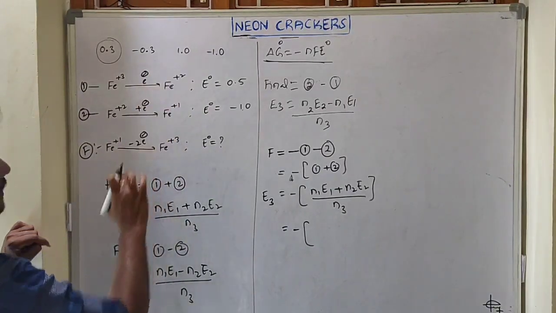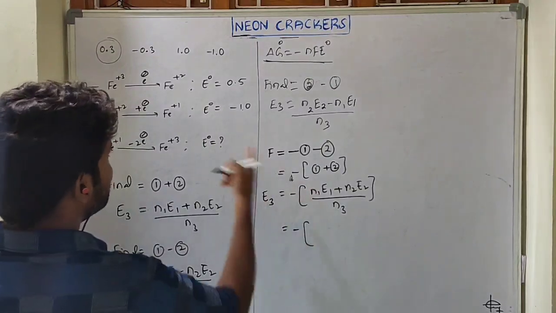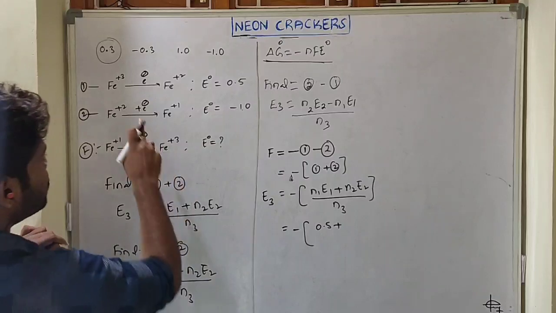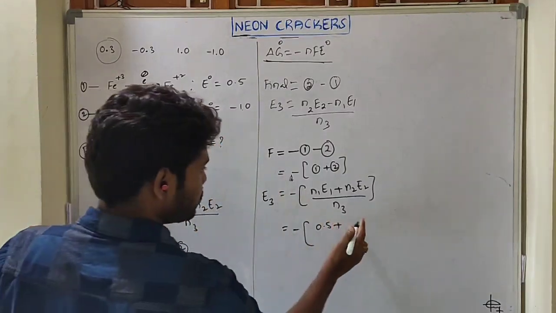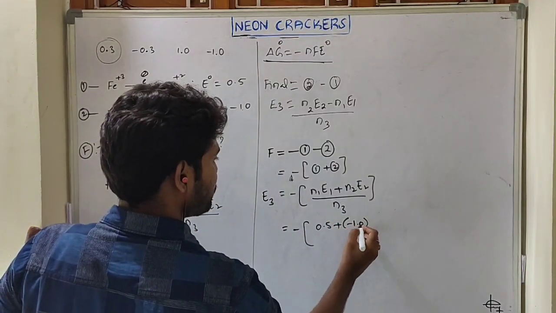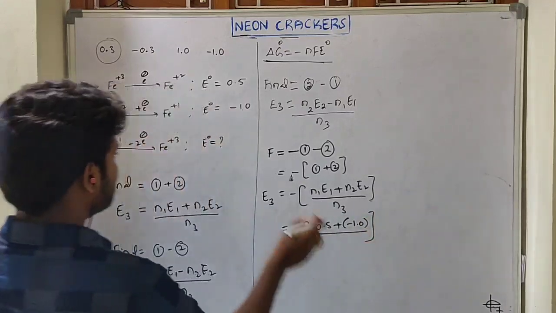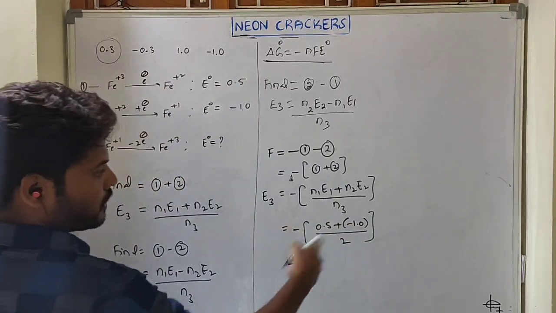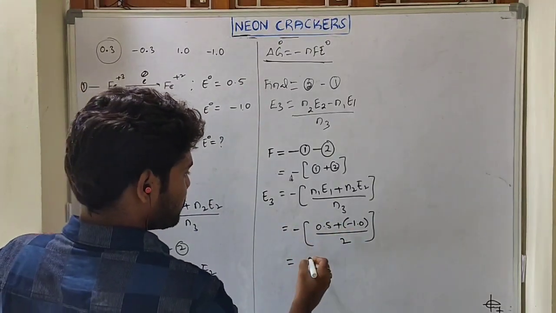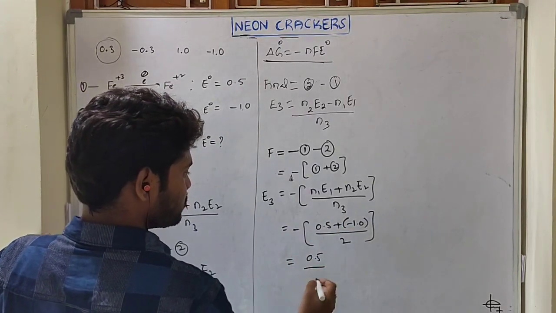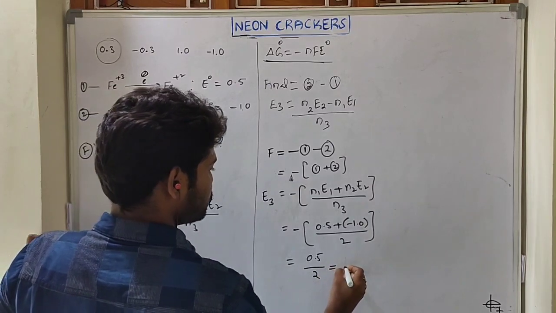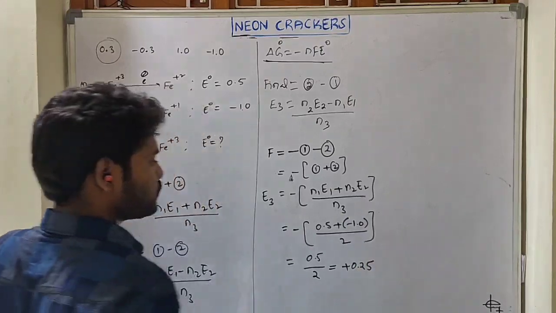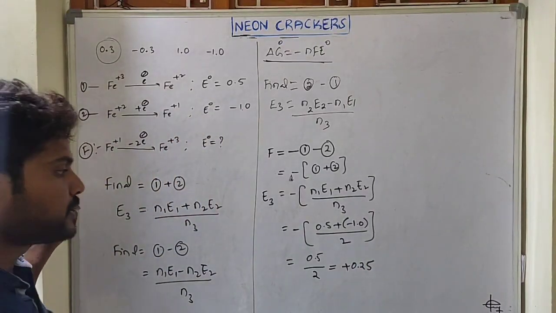So N1 is 1 with potential 0.5, plus N2 is 1 with potential minus 1.0, upon N3, which is 2. Overall it is minus of 0.5 minus 1.0 by 2, which is plus 0.25.